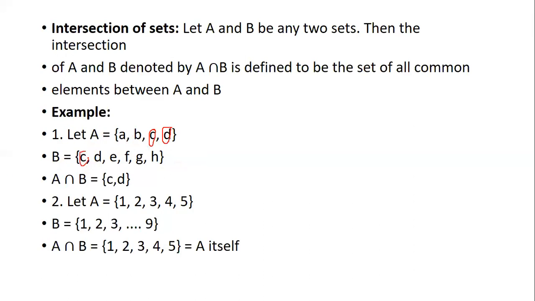The rest, A and B, and E, F, G, H, are not common. That is why intersection means only common elements are written down. That is called intersection. Only common elements between A and B are written down in a separate set.